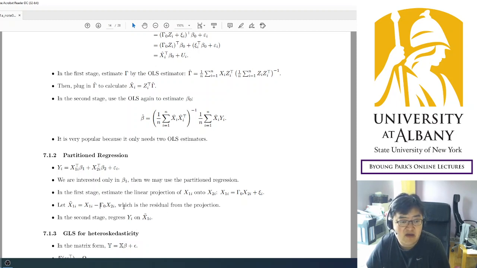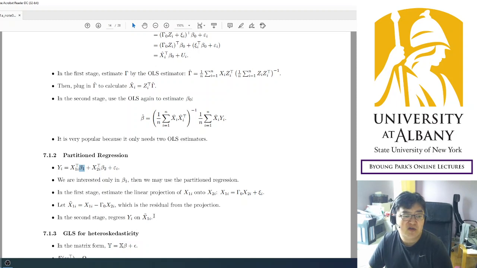Then the coefficient will be beta 1 because x2 is removed from x1. So psi is uncorrelated with x2. Therefore, regressing y on psi will be consistent for beta 1. This is another example of two-stage estimation.